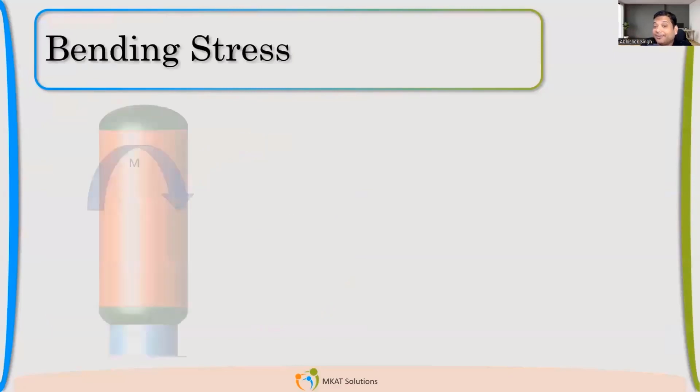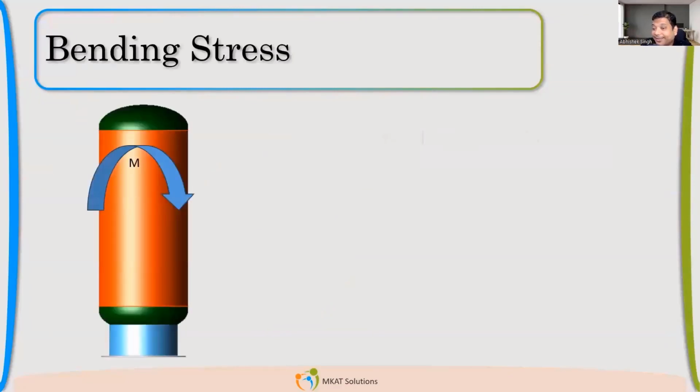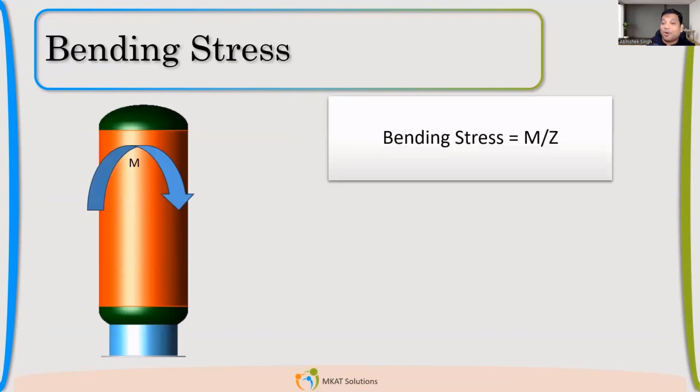As we discussed, there will be additional stress due to bending. And you all know that if I have a bending, one side, there will be tension and other side, compression, right? Tension one side, compression one side. And due to dead weight, you remember, we had compression. Okay.